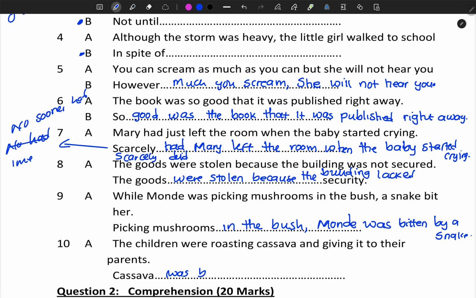So cassava was being roasted and given to their parents by the children. Or if you want, we can say cassava was being roasted by the children and given to their parents. We still have the same correct answers.